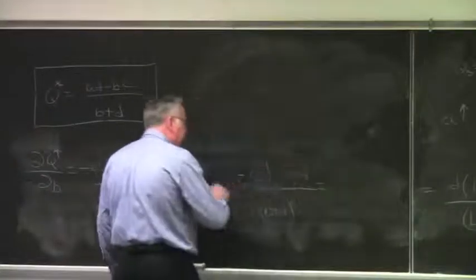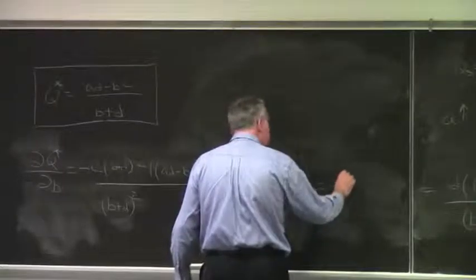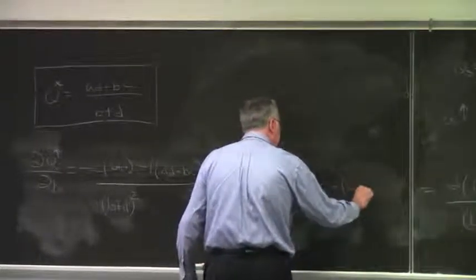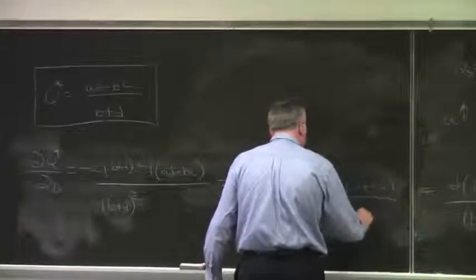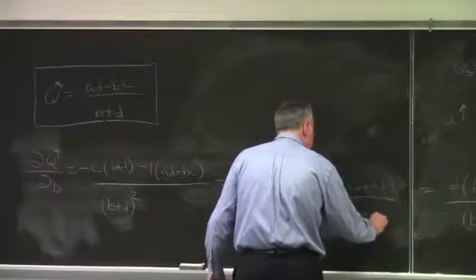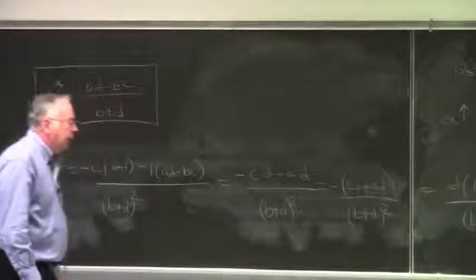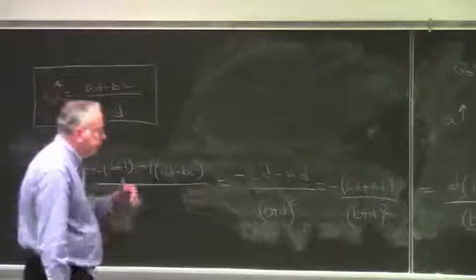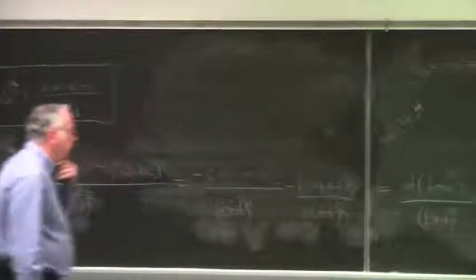And let's just take out this minus sign in the numerator and write this as minus CD plus AD over B plus D squared. And actually, what else can we do with this? Is there anything else we can do with that?